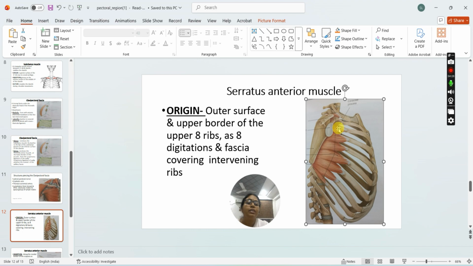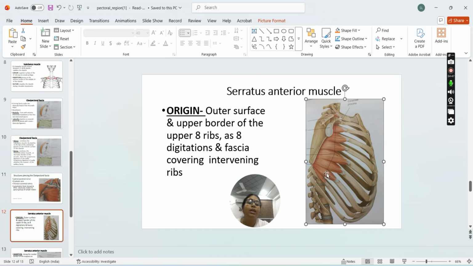Over this muscle, you can see a long nerve running. In your axillary dissection, you can see over the serratus anterior muscle there is a fascia covering the serratus anterior. Within this fascia, you can see a nerve running.